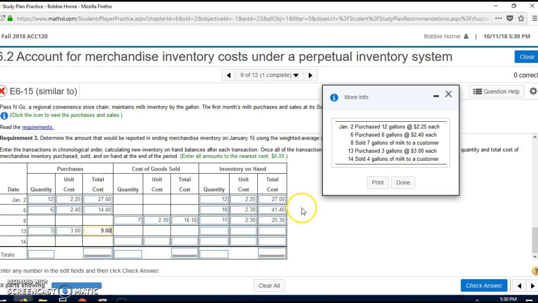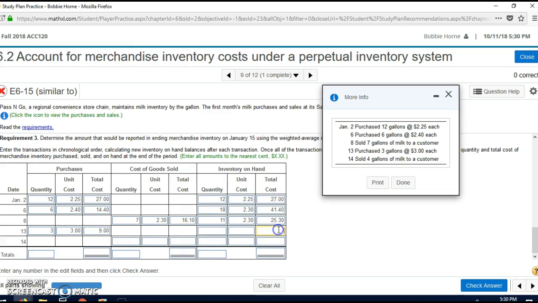We have to get a new average. We already had $25.30 of cost plus the $9, so that is $34.30 total cost. The total number of units we have is 11 and 3, which is 14. So divide those two numbers, and the unit cost is $2.45.